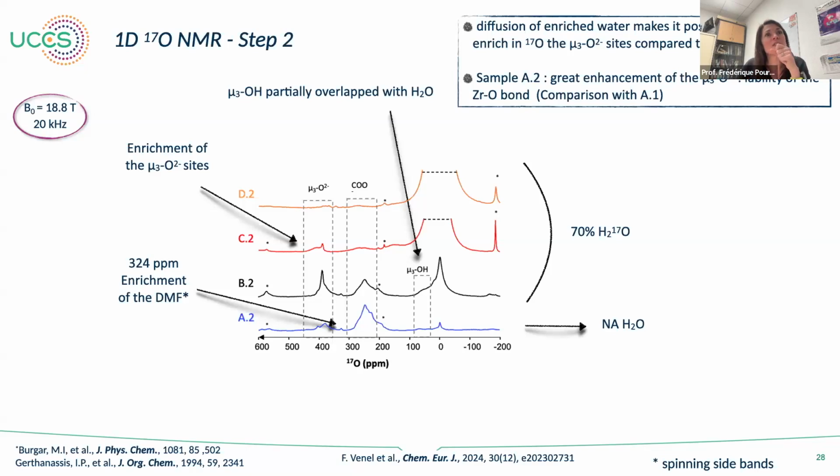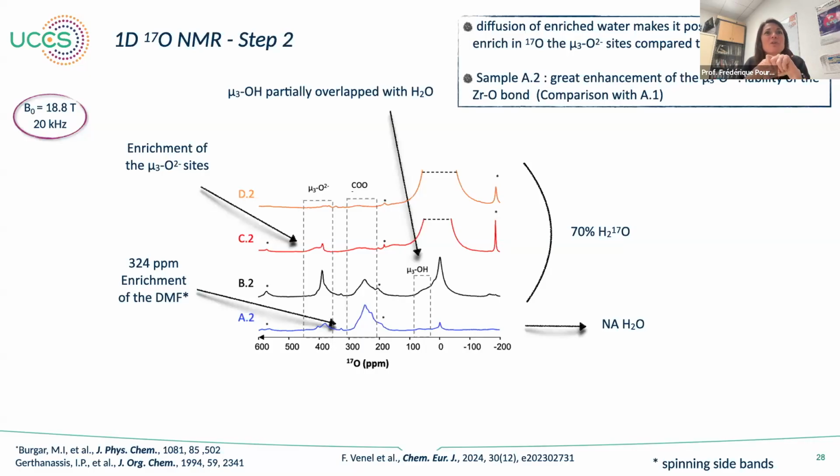What you can also see in the B2 samples is that you have a huge amount of mu3-O2- that definitely comes from the water that is enriched. And you observe also the same kind of behavior for the C2 and D2 samples, but you also observe a huge amount of enriched water in these samples.